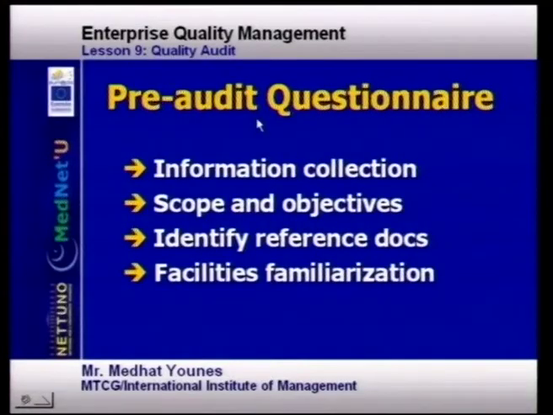The purpose of the pre-audit questionnaire is to collect information about the company to be audited, to ensure no misunderstanding about the audit scope or its objective, to identify reference documents, and to obtain the quality manual, to visit the facilities and be familiar with the work environments.